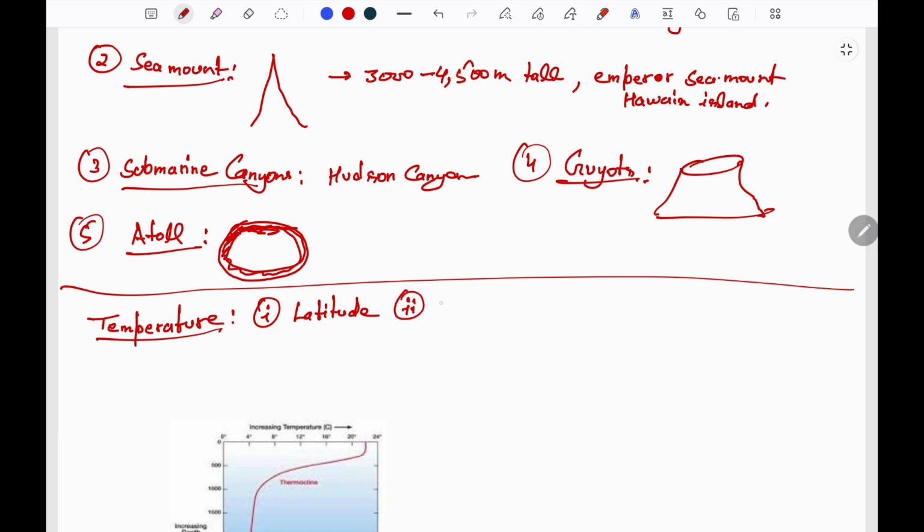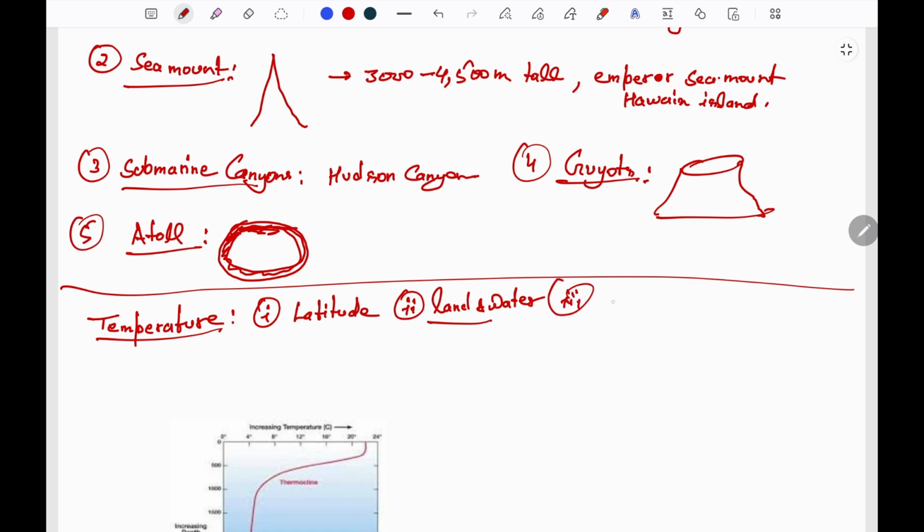Second one is distribution of land and water. Land is more in northern hemisphere and lesser in southern hemisphere. So water is heated in a long time as compared to the land. So the northern hemisphere receives more heat than the southern hemisphere due to the presence of land.